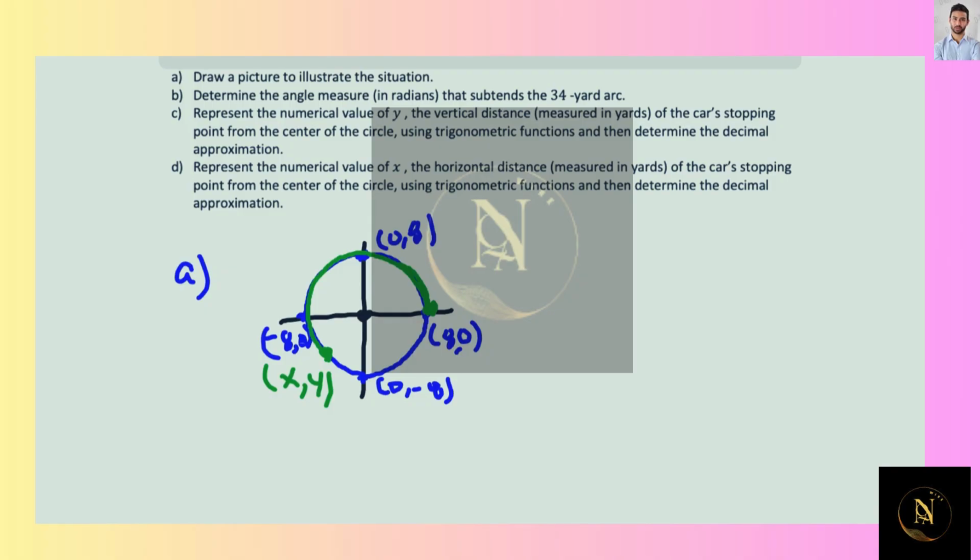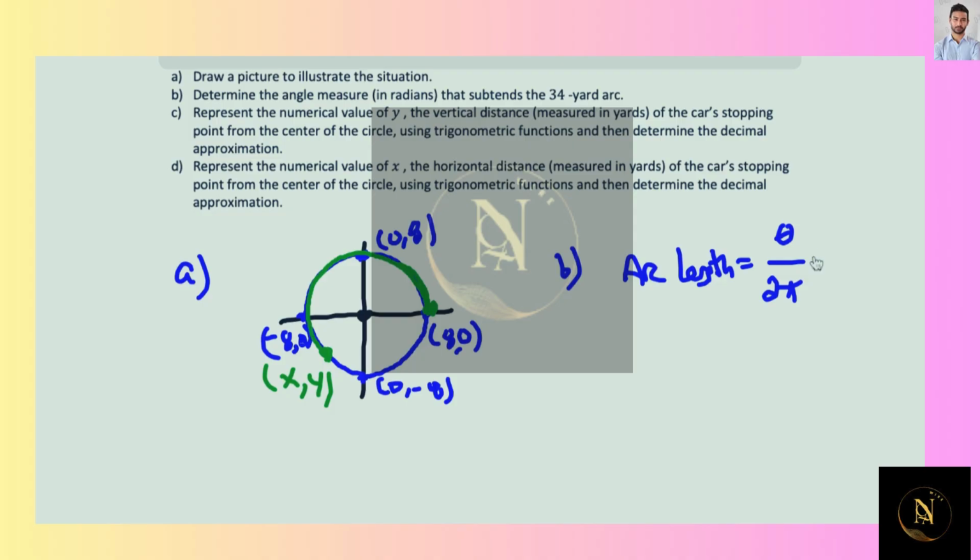Well, in general, arc length is equal to the measure of the angle out of 2 pi for one full circle times the circumference of the circle, which is pi times diameter.